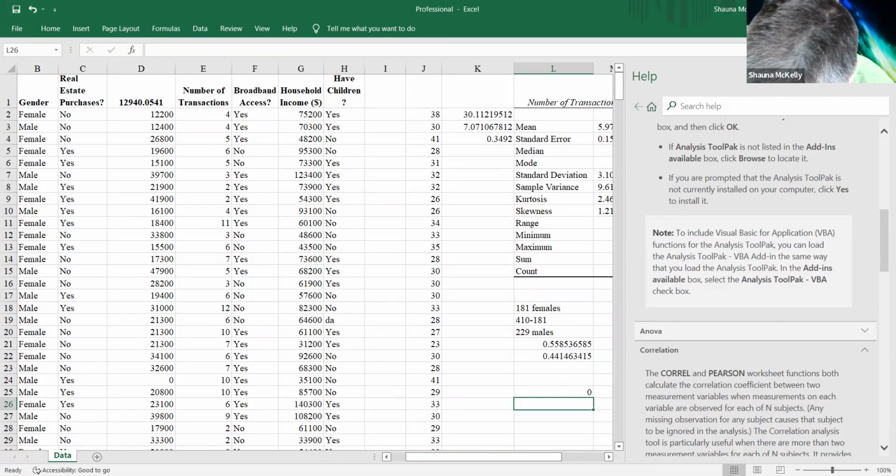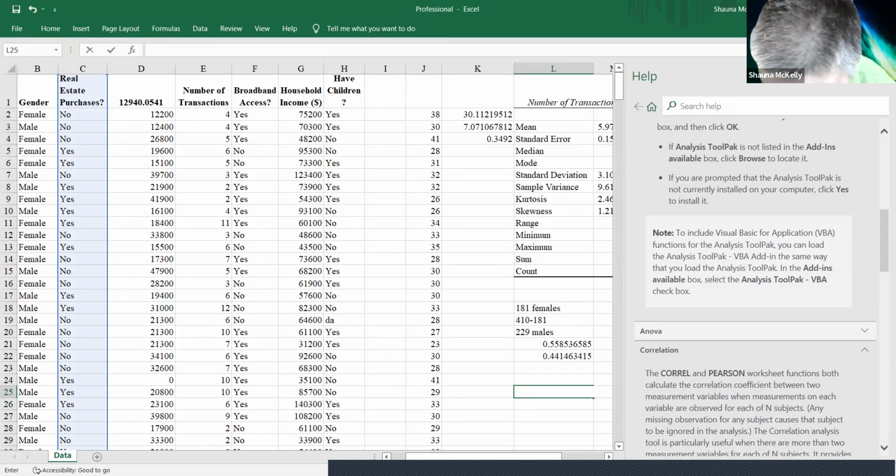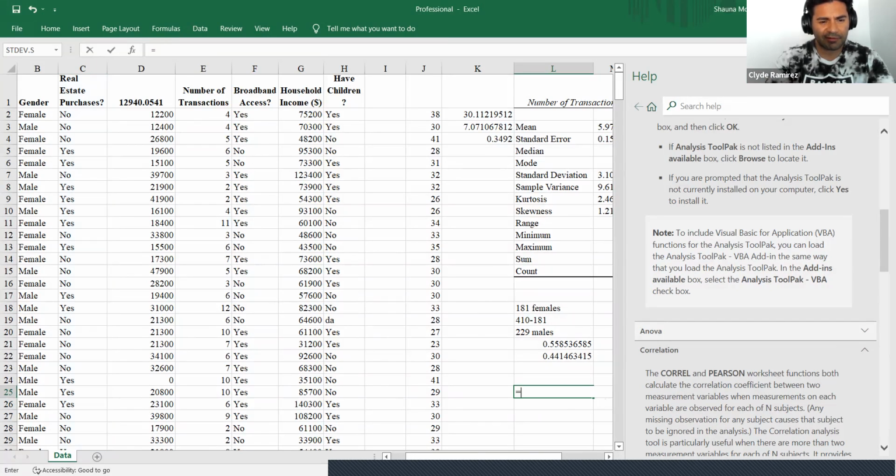I don't know why it's not working. There must be a different syntax for Shauna. I'm just gonna guess on those so we can get the right answer.